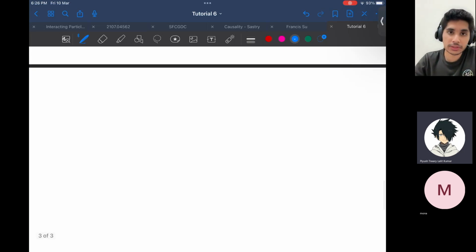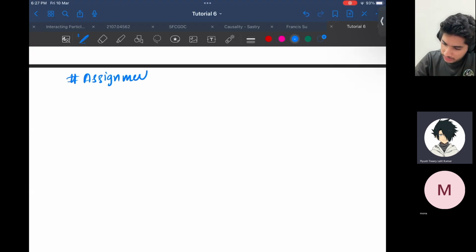So here goes the first question. This is assignment 6. The first question asks: which of the following networks represents an autoencoder? There are four options. Let me draw these options.